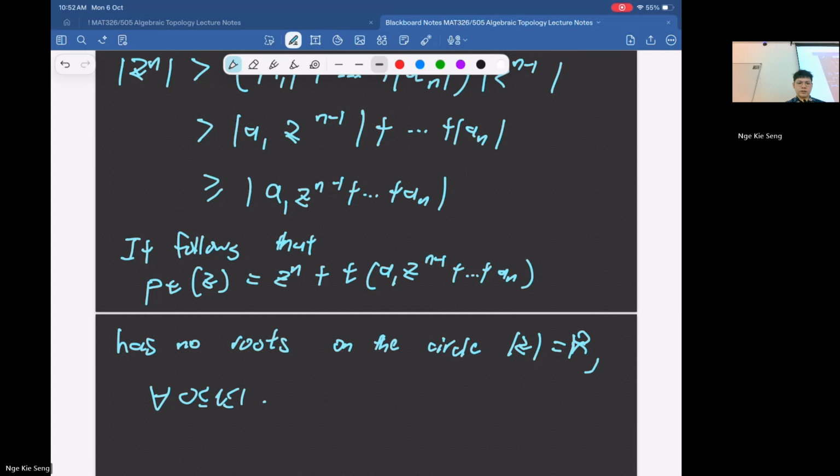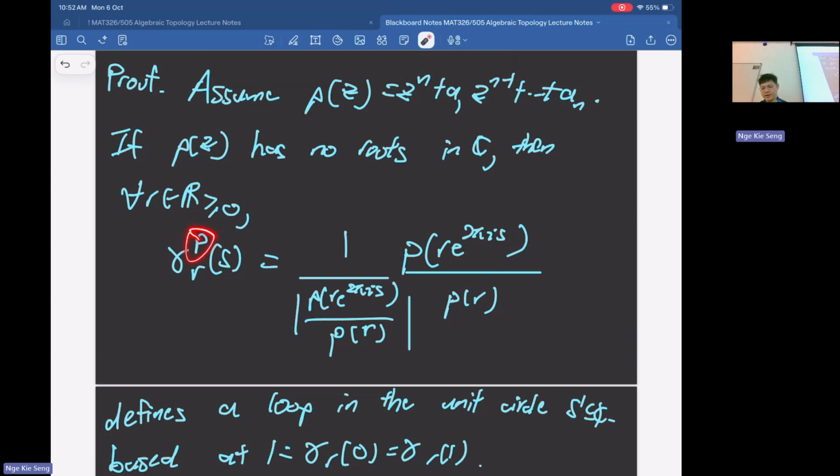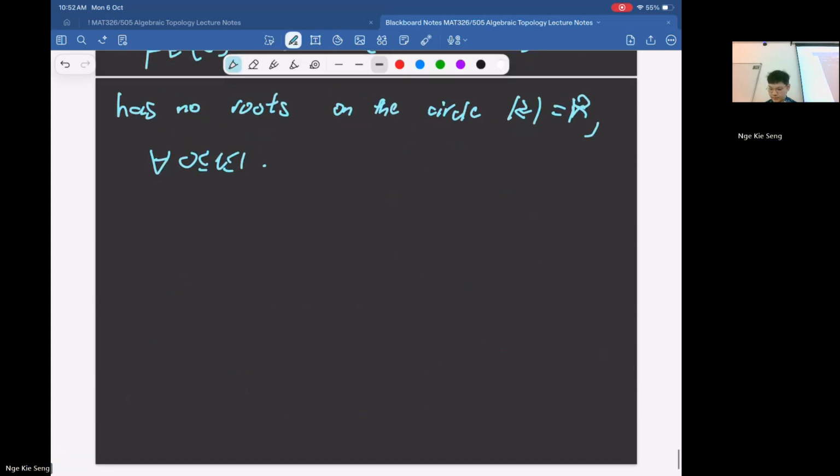So what's next? Just now we defined this gamma R for a fixed P. We also have no roots for P_t, so we can replace all these P by P_t.